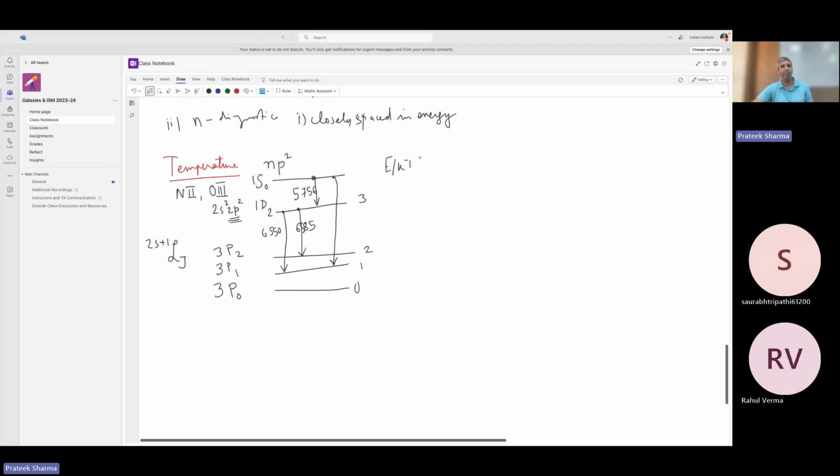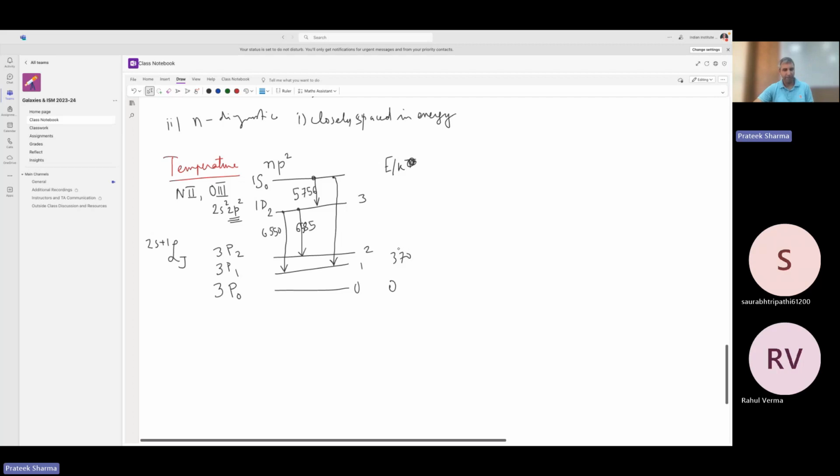They also have an E by k for these levels. What is the energy? This is at zero energy, and then 370, 70, 180, 22037, and 47,000. E by k is the energy difference expressed in terms of temperature.